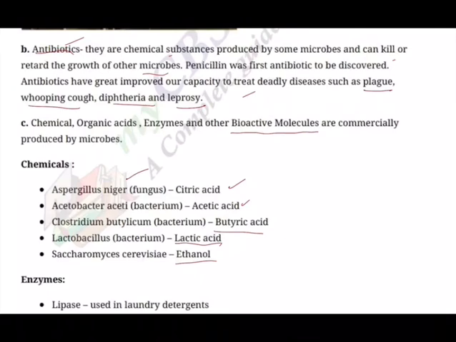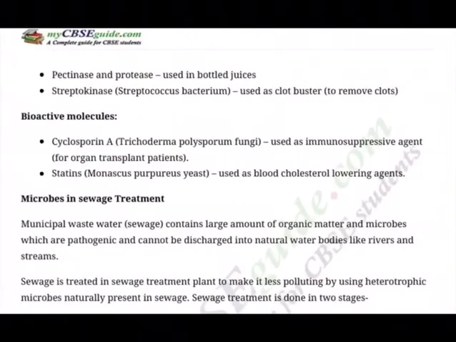All these chemicals are obtained from these microbes, and some of them are used as enzymes, for example lipase, which is used in laundry detergents. That's how microbes are very, very useful.